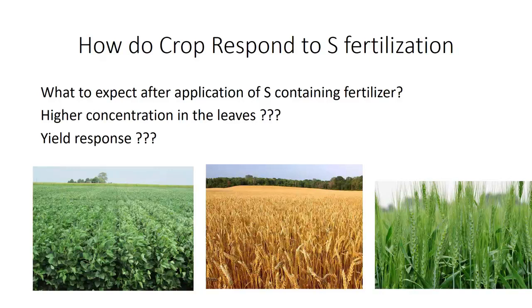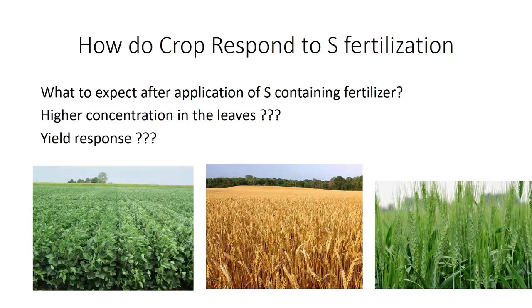So we also had the question of how crops respond to sulfur fertilization. Sulfur is an issue, and we're addressing this deficiency by applying sulfur. Now what? What do we expect from the application of sulfur? Do I apply gypsum because I want to address sulfur deficiency, or only for the calcium-magnesium ratio?